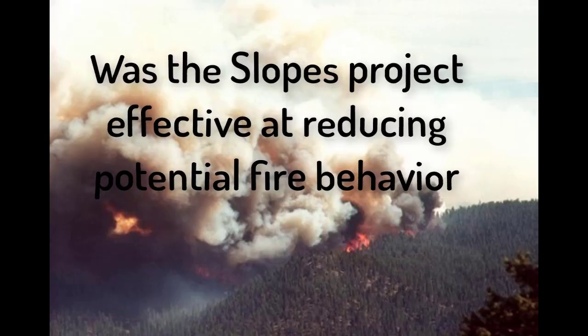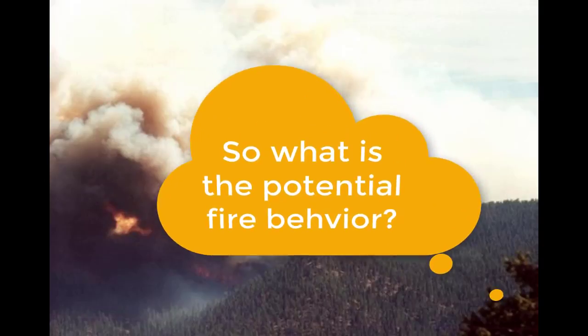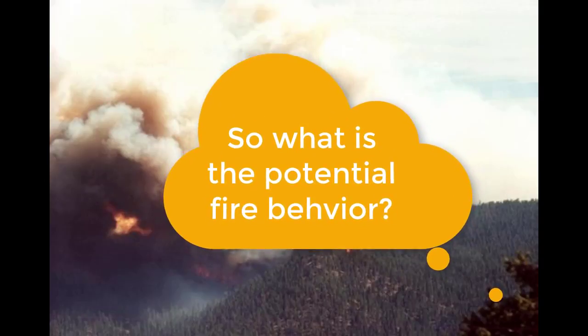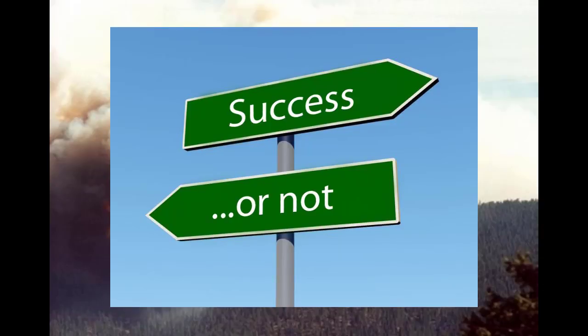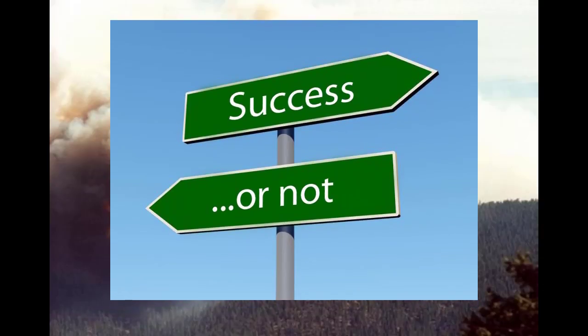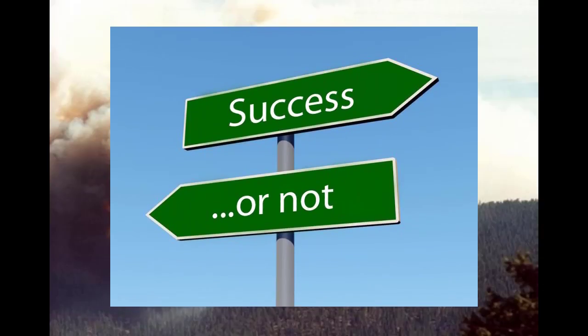To do that, we need to understand what the potential fire behavior is in our three treatment scenarios. If we can show that there is a change between these different treatment scenarios, then we can show that this field treatment was potentially successful, or depending on what we find, potentially not successful.